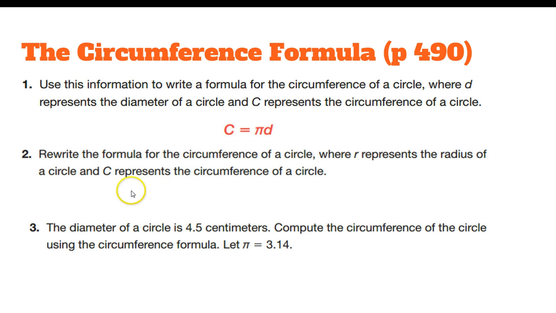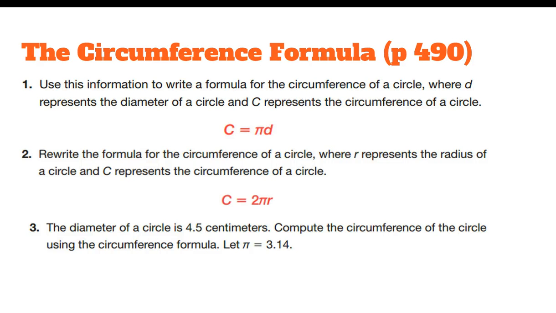Okay, so let's rewrite this formula for the circumference of a circle, where r represents the radius of a circle and c represents the circumference of a circle. So pause here and see, how should we rewrite this formula so that it uses r instead of d? What are we going to have to do? There we go.